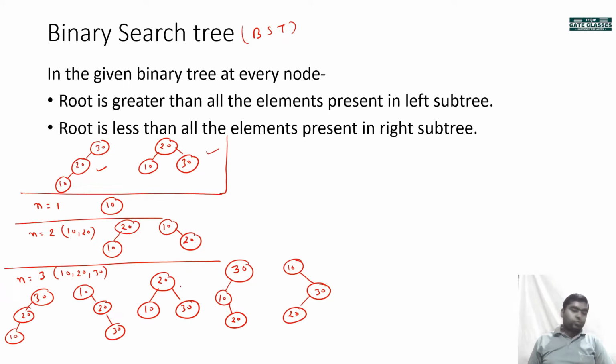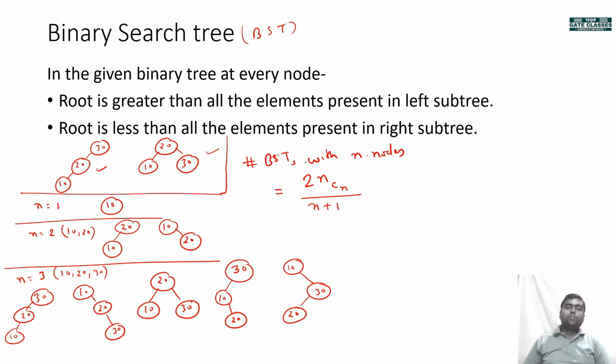So finally we can conclude that the number of BSTs with n nodes is 2n Cn divided by n plus 1.